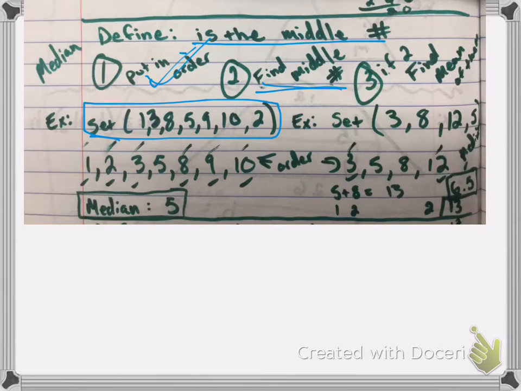I like to tick off 1 from each side. There's 1, take 1 off the other side. There's 1, take 1 off the other side. 1, 1 off the other side. And as you can see here, 5 is exactly in the middle. I've got 3 numbers ticked off on this side and 3 numbers ticked off on that side, so 5 is in the middle. My median for that number set is 5.